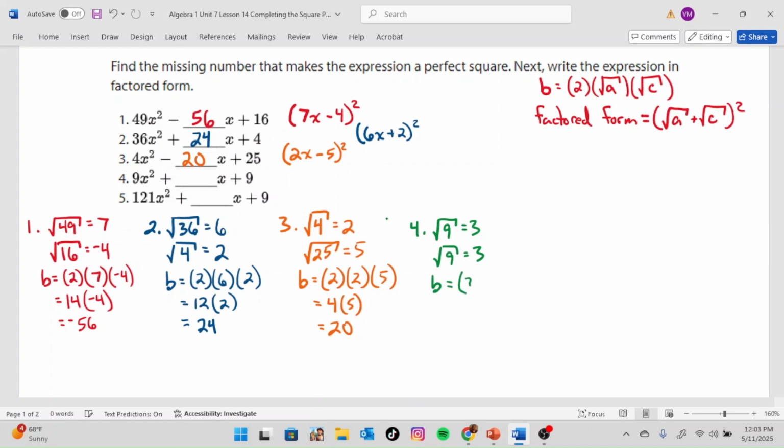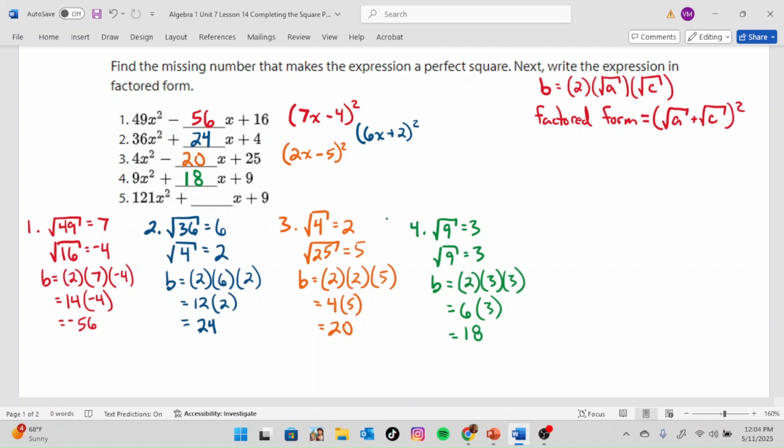B is going to be 2 times 3 times 3. 2 times 3 is 6, and 6 times 3 is 18. So the missing number is 18.